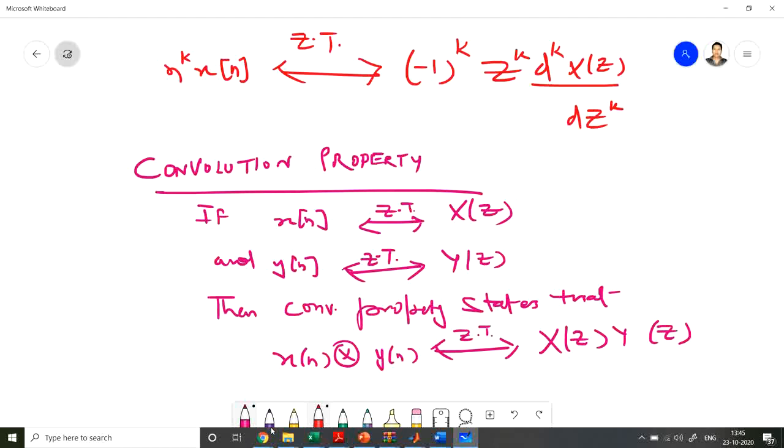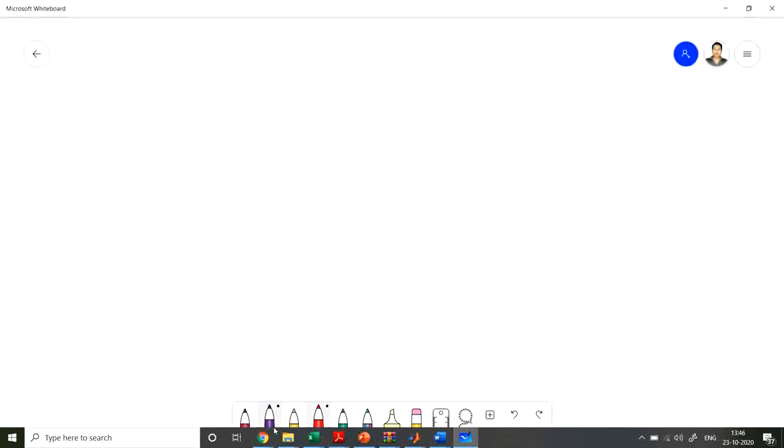So again we see that convolution in the discrete time domain is equal to multiplication in the z domain.